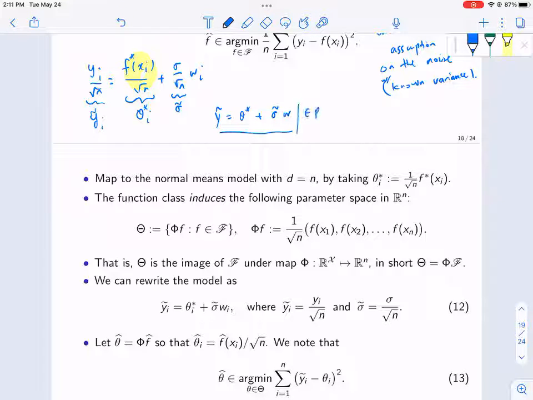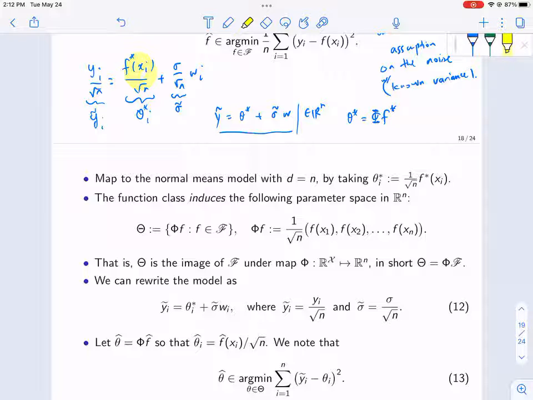So everything is now in R^n. And this theta star is this map phi applied to f star. So this map is a sort of sampling operator. It takes f and maps it to a vector in R^n with this scaling, which hopefully becomes clear later on why we do this.